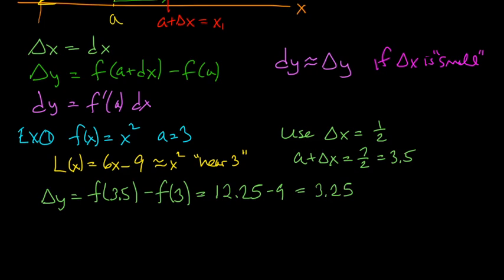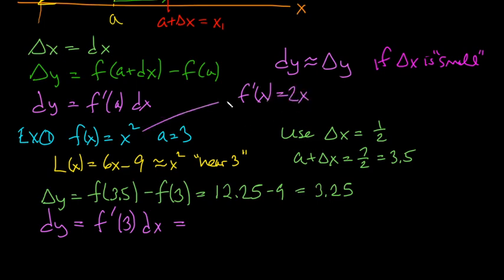Now to find dy, dy is defined to be f prime of a, here a is 3, times dx, which is the same as delta x. Remember, f prime of x was 2 times x, the derivative of x squared.